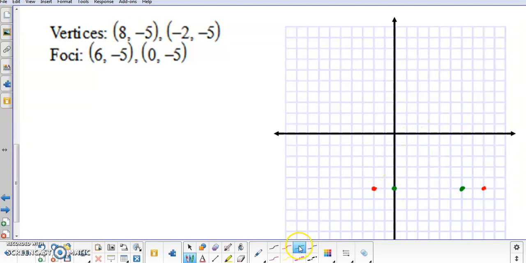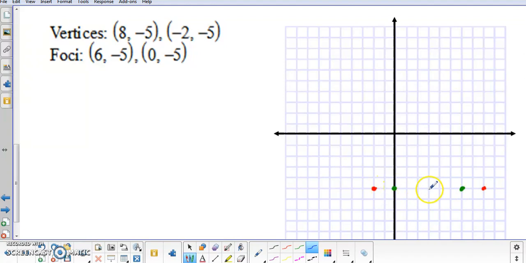All right, so you can see right here that they are on a straight line. This is why we have a harder time finding the equation, because I have to figure out what the b squared is. I can easily look at this and figure out my center by going 1, 2, 3, 4, 5, 6, 7, 8, 9, 10. So from one vertex to another, it's 10.